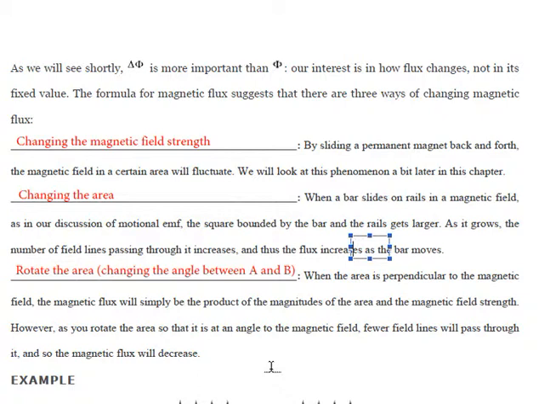As you rotate it, it decreases, and then it would start to increase again, start to decrease again. So as you rotate, you kind of increase and decrease. So be careful with that.